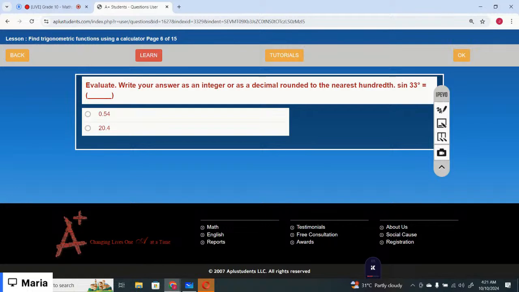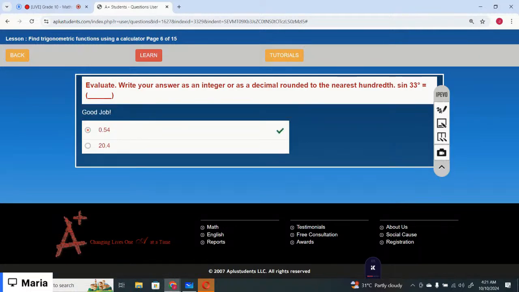The correct option is 0.54, option number 1.